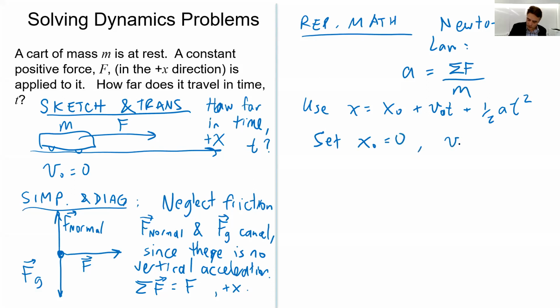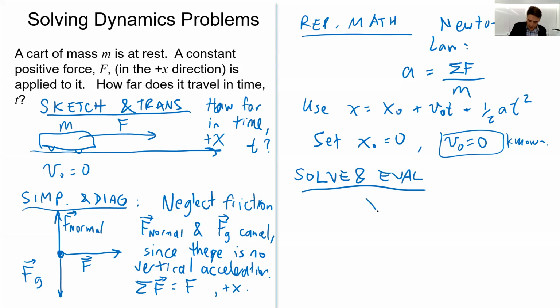We know that v0 equals 0. That's known because it starts from rest. So then let's solve it out. I'm going to say that x is equal to 1/2 times F over m times t squared. So x equals F t squared over 2m.